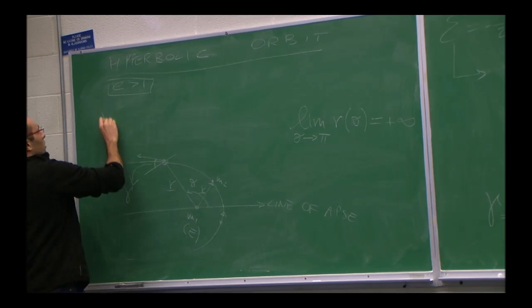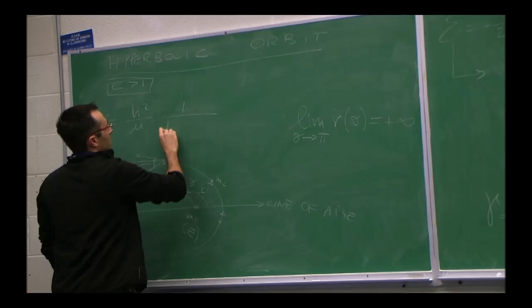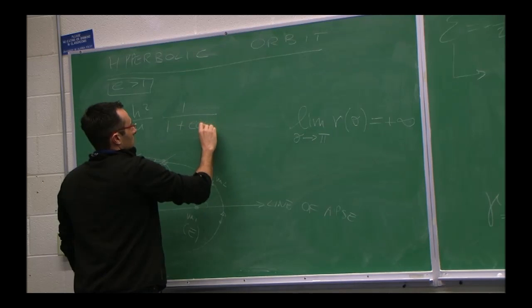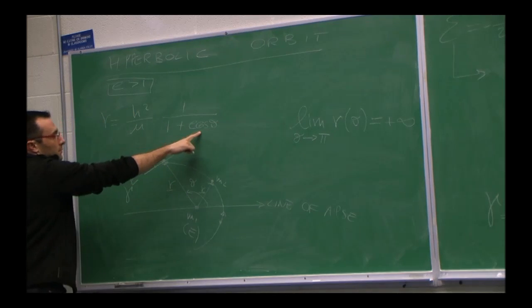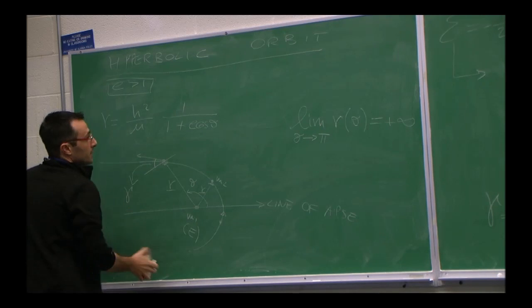So your Keplerian orbit expression is still the same. Actually, E comes back into the game here. But there is an angle before pi where that denominator goes to 0, right?